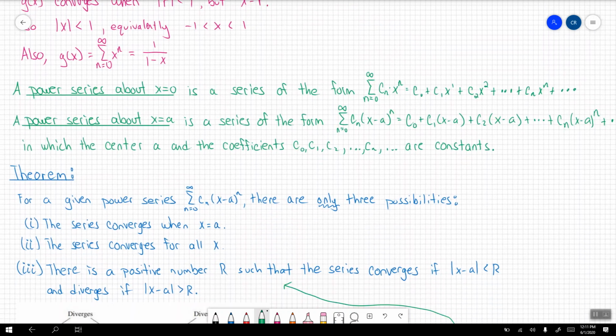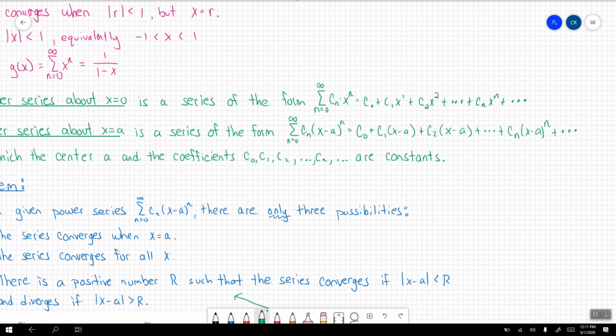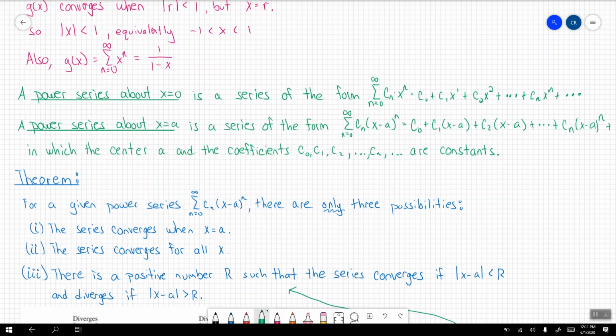Now, theorem. We're going to have a theorem here. This theorem says that given a power series, there are only three possibilities. That's kind of a misnomer, or something misleading, where it has these three possibilities, and I'll explain why in a bit.